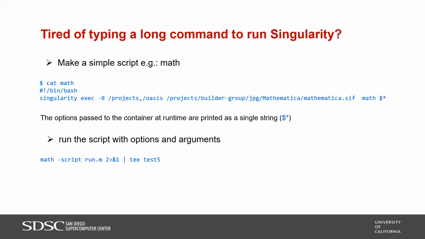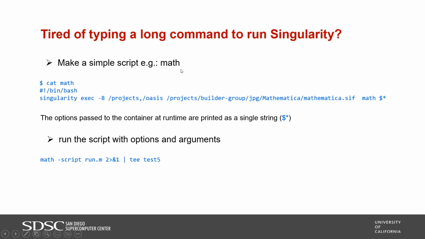Also, you may notice that if you run a Singularity command, you have to type a very long command. If you want to add those binding options and any other options you like, you can just make a simple script.